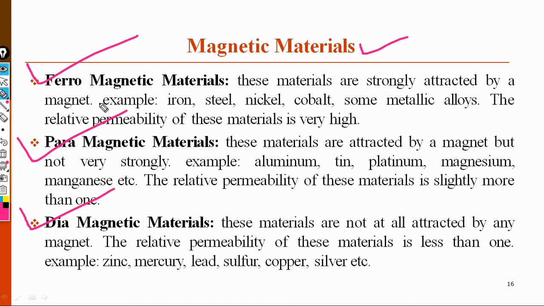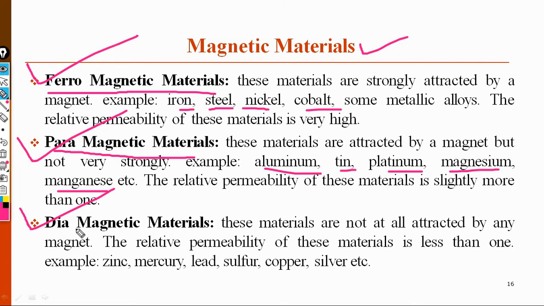Examples of ferromagnetic material are iron, steel, nickel, cobalt, and some metallic alloys. Examples of paramagnetic material are aluminium, tin, platinum, magnesium, and manganese.